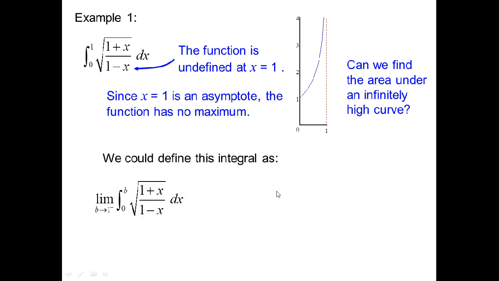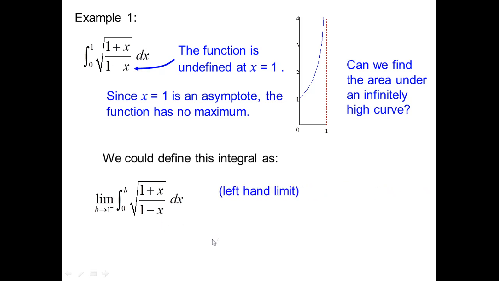Well, here's the thing. We could define this integral as the limit as b approaches 1 from the left side of the integral from 0 to b of the square root of (1 plus x) over (1 minus x) dx.